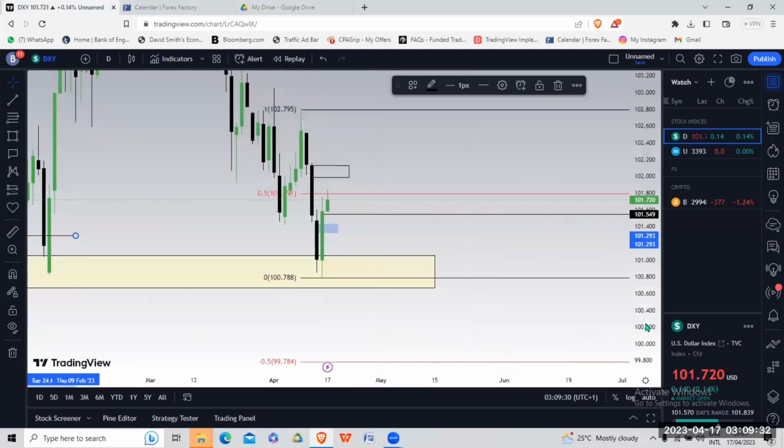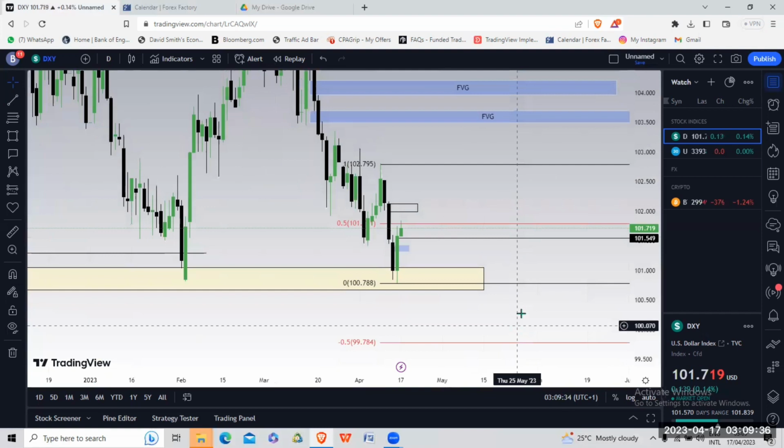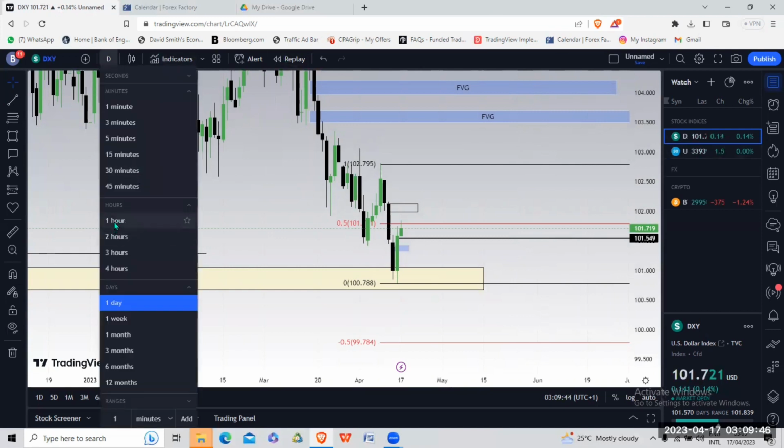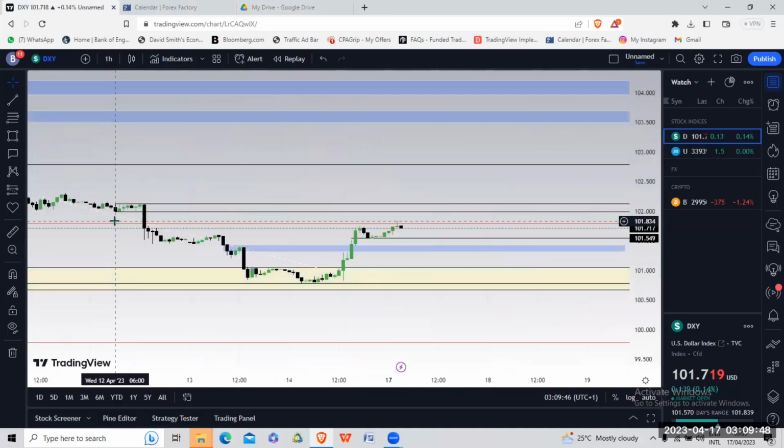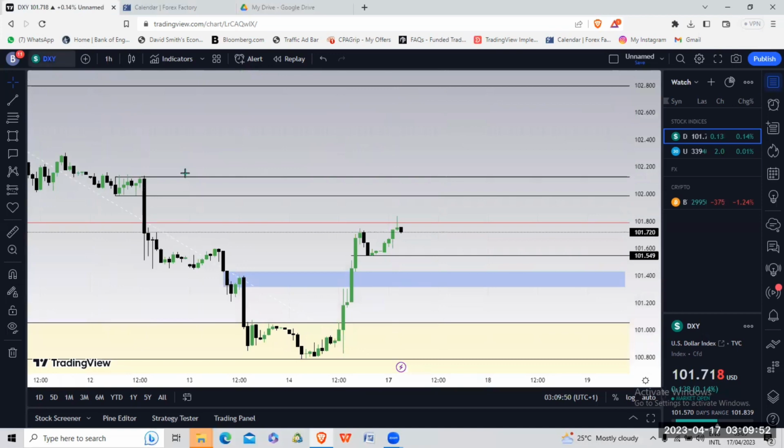So what I'm saying is that for the bearish bias that we have for US30, both pairs move in opposite directions. So for the bearish bias there, we are now having a bullish bias on the dollar index. This is the dollar index, DXY.